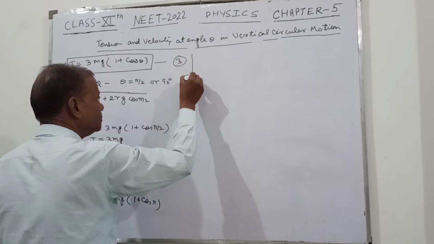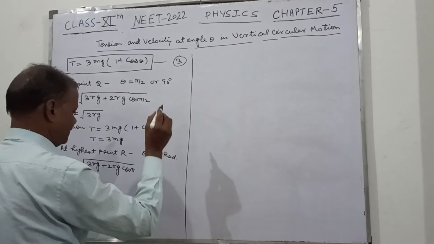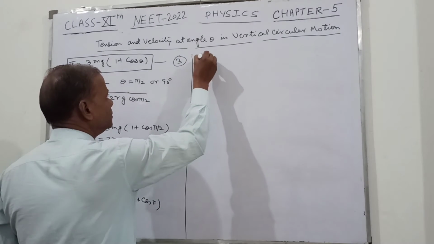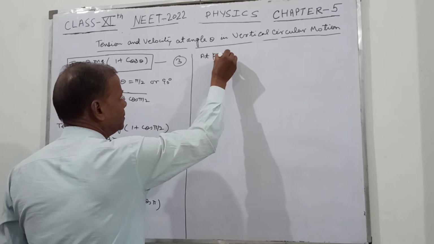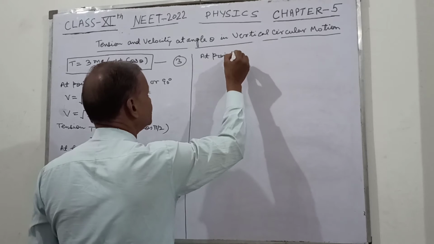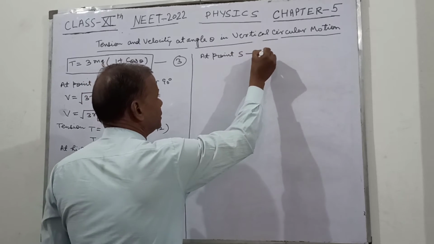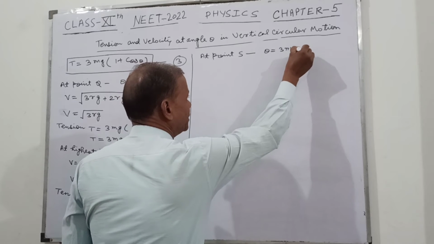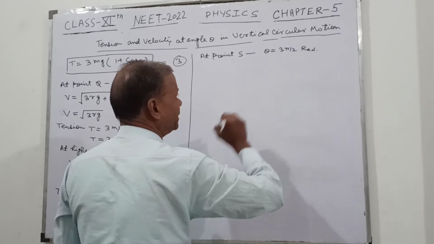Now at point S, now this theta is equal to 3 pi by 2 radian.